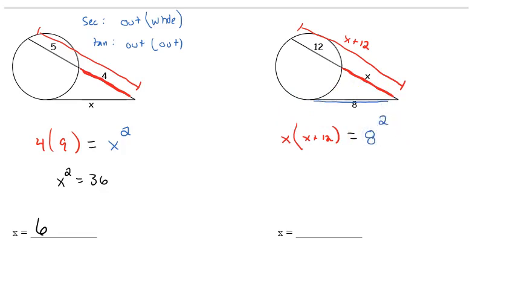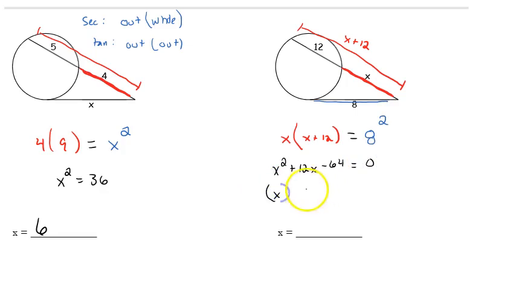Again, this is a trickier algebra problem. x squared plus 12x when I distribute equals 64. I have to get this equal to 0, so I'm going to subtract 64 from both sides just to save space. When I take 64 minus 64, I get 0.